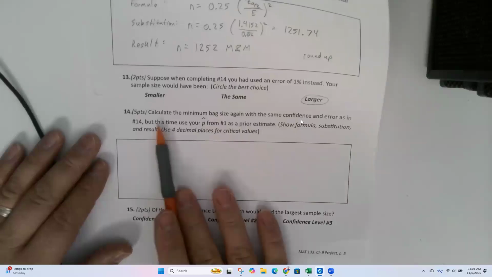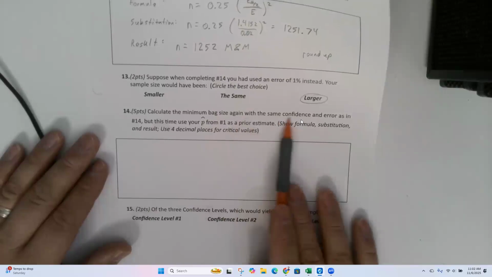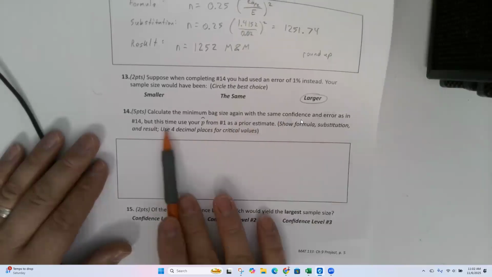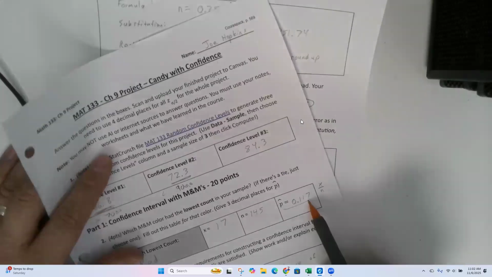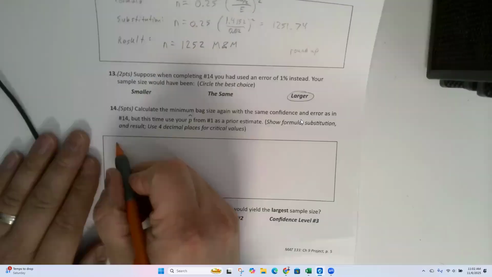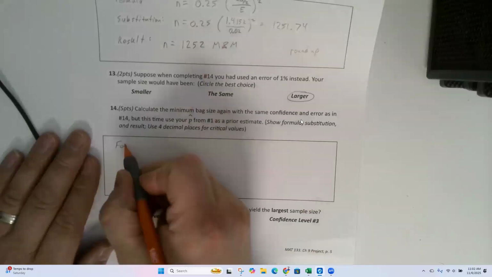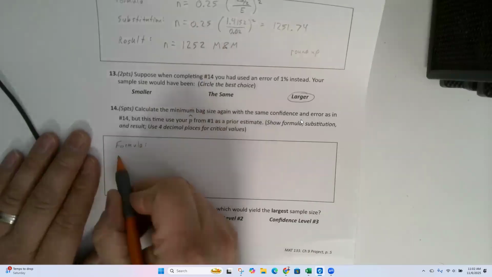Lastly, calculate the minimum bag size again, this time with the same confidence and error, but this time use your p hat from number one. So my p hat from number one was this. So we did have a prior estimate. There wasn't any reason why we did this. We should have just used the p hat that we had before.